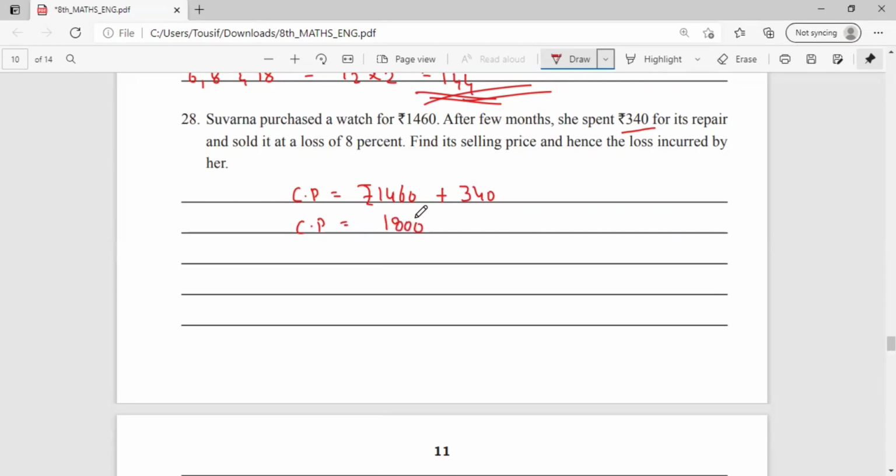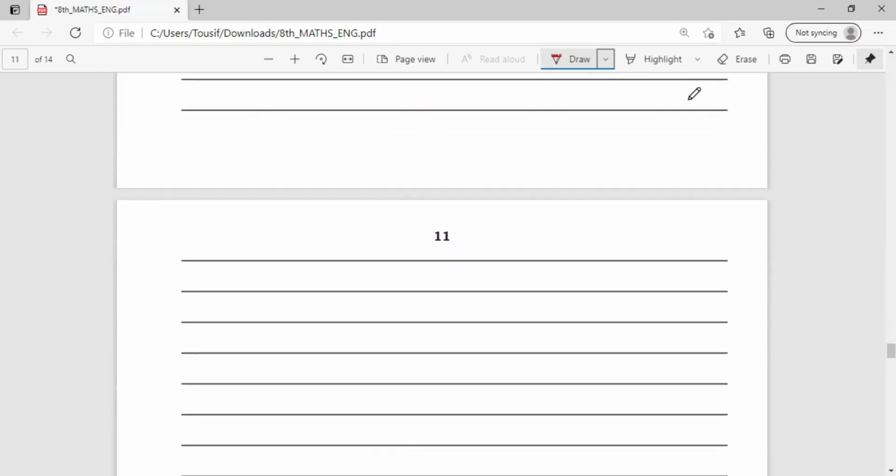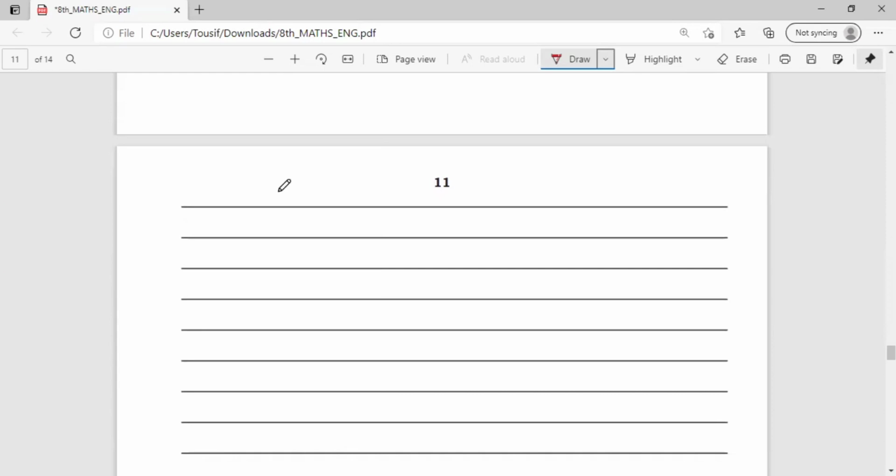Okay. And the question already mentions she is facing a loss of 8%. The percentage of loss is equal to 8%. They are asking us to find out the selling price as well as the loss incurred, meaning what loss she is suffering. So let us find out. We have a loss percentage formula.